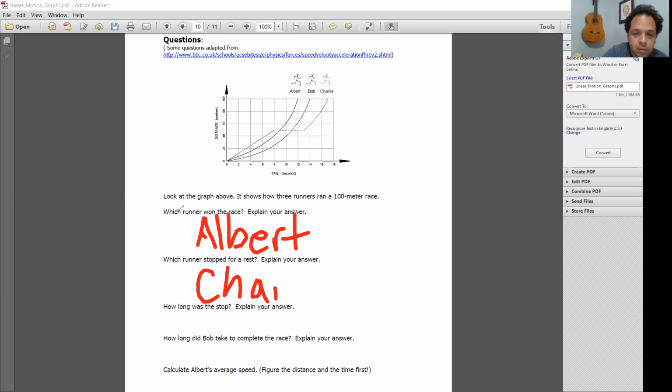How do we know he stopped for a rest? Well, remember, a flat line indicates that he stayed at that spot. So that means he's not moving, so that means he's resting. How long was the stop? I'm just doing that for a marker so I know where to put the question. So how long was the stop?